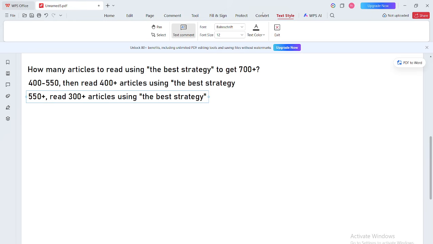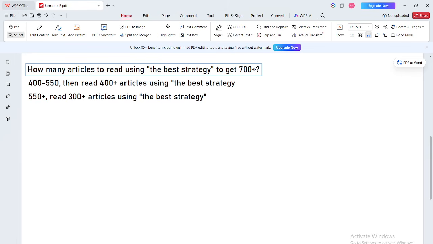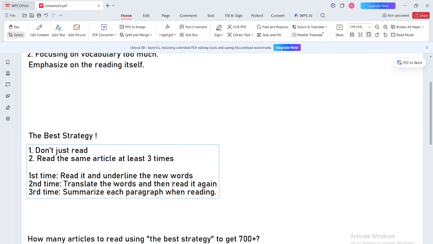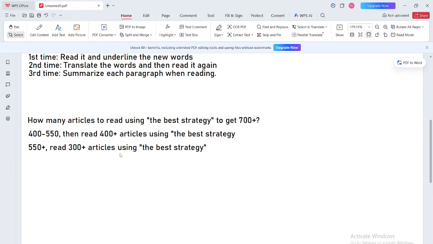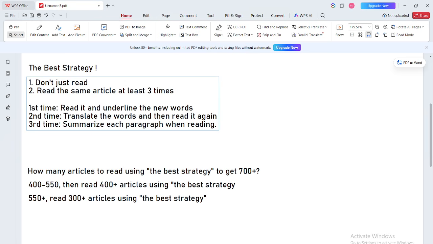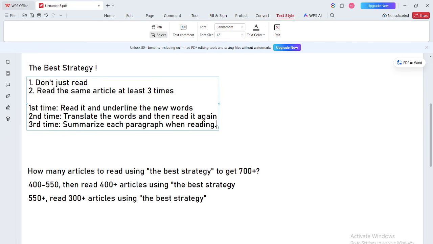Now, I can highly likely guarantee this thing only if you read the article in this way and if you choose the correct articles. All right, choose the right articles, and then read them in this strategy. After you have read it 3 times, it is enough. You can go on to the next article.